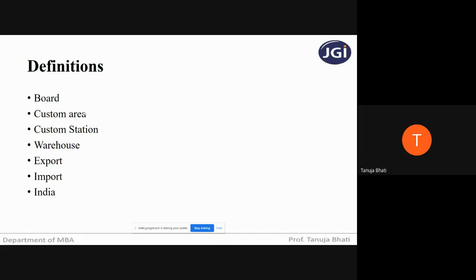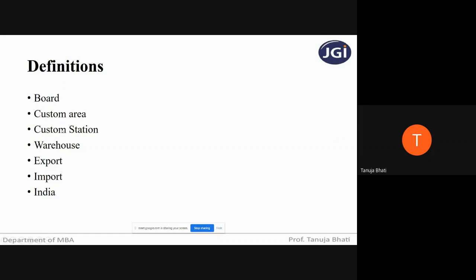See students, you cannot bring any good from outside India to India or from India to outside India unless it is cleared by a customs authority. The customs authorities give a clearance, and only then can those goods go out of India or come into India. Before the clearance, if any goods are kept in an area or place like a customs station or a warehouse, that particular area is called a customs area.